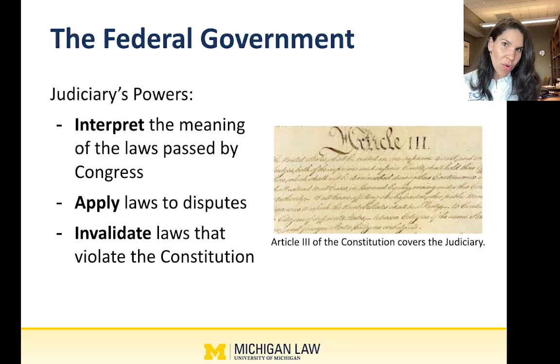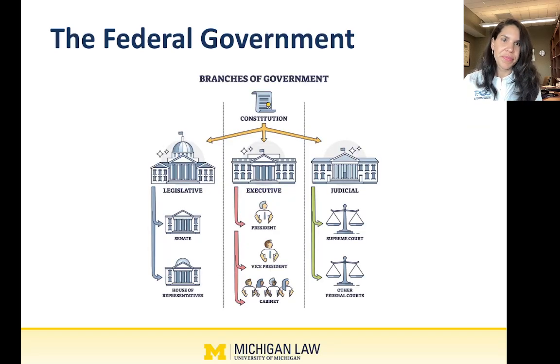Any law or regulation that violates any of those tenets of the Constitution can be struck down if the judiciary finds that it is in violation. Because remember, the Constitution is the supreme law of the land. It trumps everything else. And that's a really important aspect of our federal government.